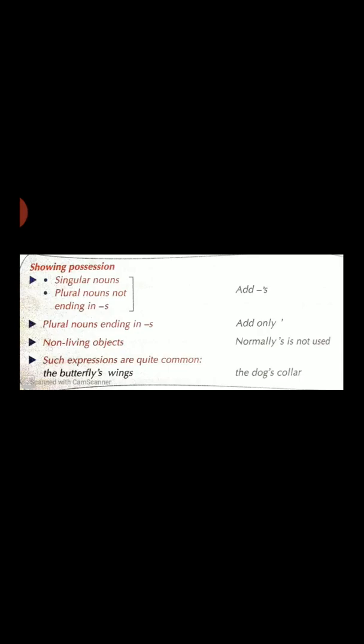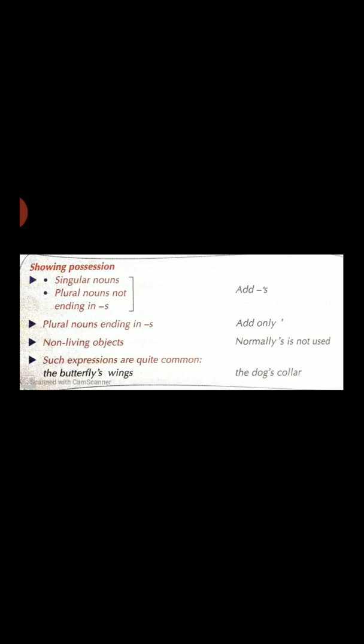School is in Malviya Nagar. Sister of Suhas is a teacher. Exactly. Suhas' sister is a teacher. To avoid that hissing sound, we use apostrophe after s. Are both the rules related to singular nouns clear?